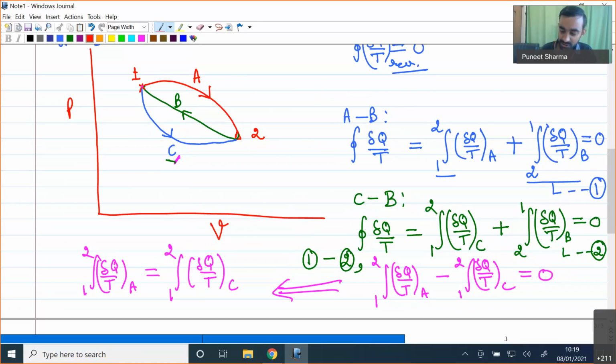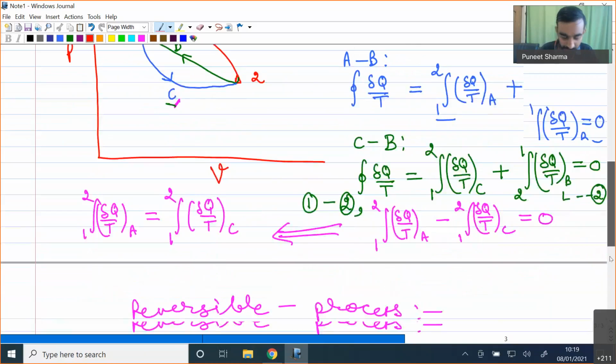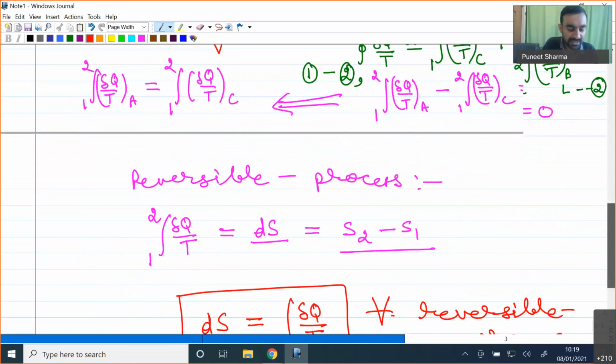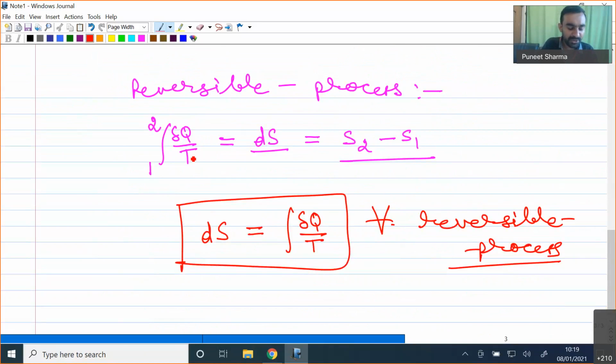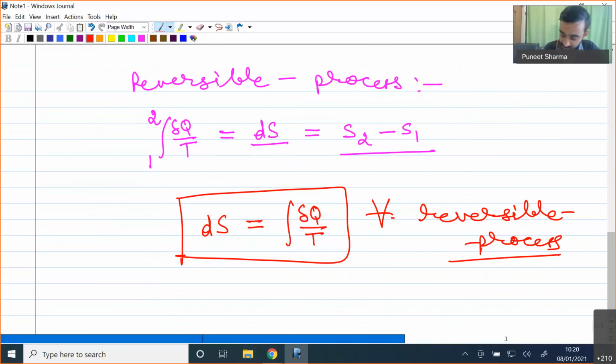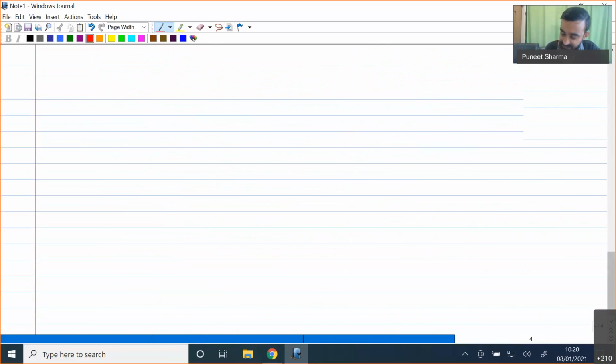So because of that, I can simply say that the integral of del Q by T between specified thermodynamic states will be equal to dS if our process is reversible. Is this point clear? Yes, sir. Okay, so we have got dS equal to the integral of del Q by T for our reversible process. Okay, so now let me define this property entropy.